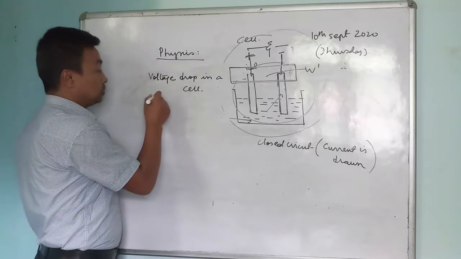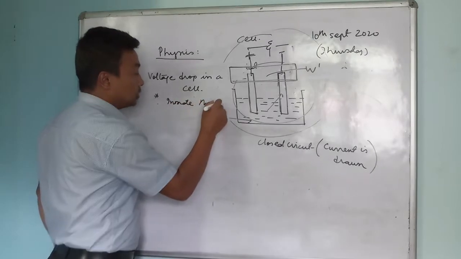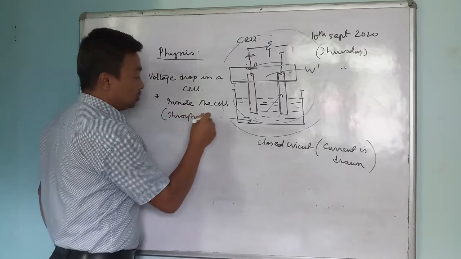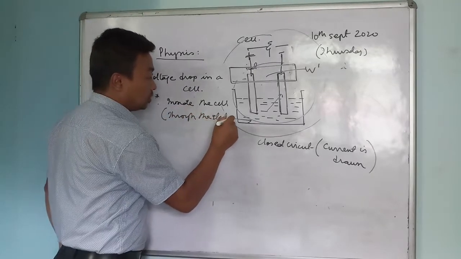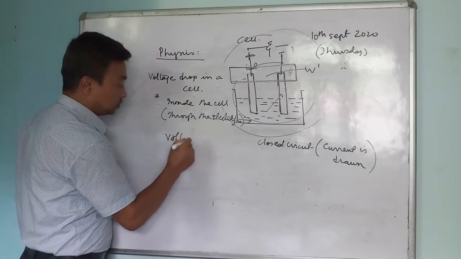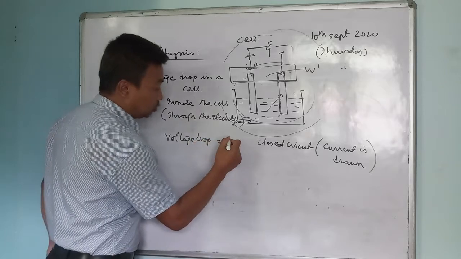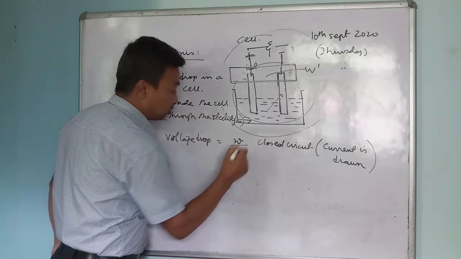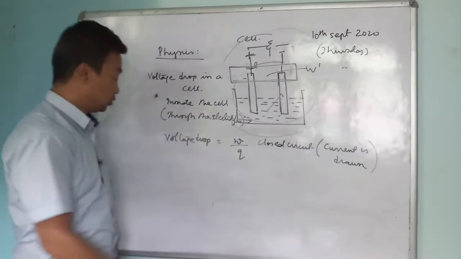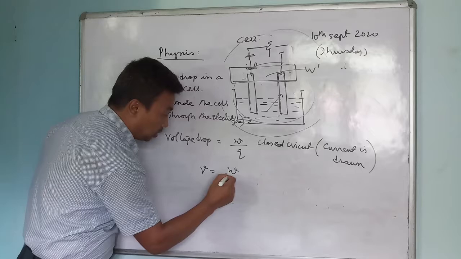So voltage drop is inside the cell, or you can also write through the electrolyte. Okay, so voltage drop is given by the same formula, work done, but work done we take as small w, and the charge will be the same, that is q. So voltage drop is also given by the symbol small v, small w by q.